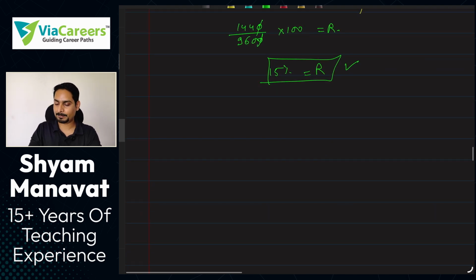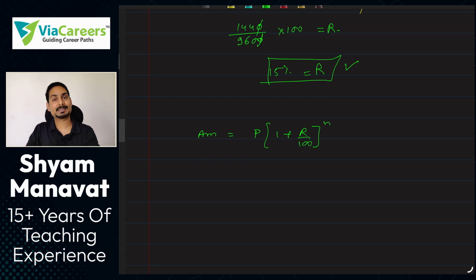Now, in case of compound interest, we can directly find the amount. Amount is equal to principal into 1 plus rate of interest by 100, raised to n. This is the formula. N is the time period, correct? Now, if it is half yearly, then the rate of interest becomes half and the time period becomes double the time given to us.